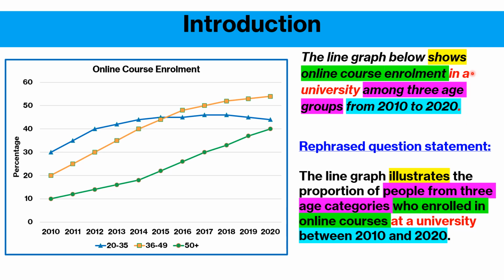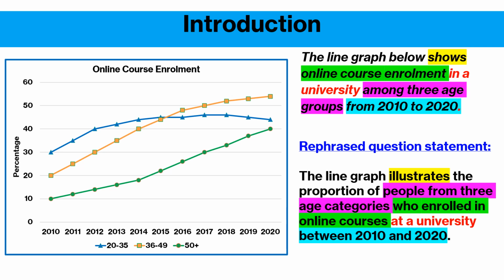We also changed in a university to at a university. Among 3 age groups to from 3 age categories. And from 2010 to 2020 to between 2010 and 2020. These small changes make your writing more formal and varied.